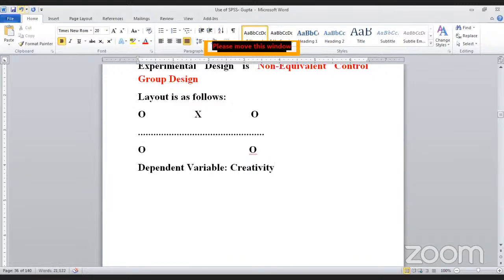And here the independent variable, or you can say the treatment, is thinking strategy.